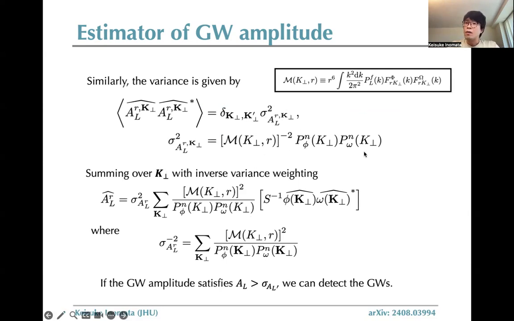And summing over all K modes with inverse variance weighting, we finally obtain the estimator of A_L. And the variance is given by this. The point is that if the gravitational wave amplitude satisfies this inequality, then we can detect the gravitational waves. So if the amplitude is larger than this variance, then we can detect gravitational waves.